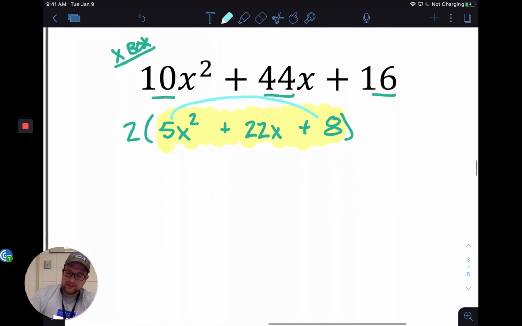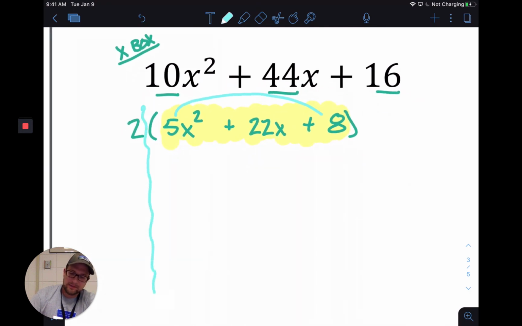What I always tell students to do is kind of just to forget about that 2 for a minute, right? Once you factored out that 2, this really is no longer our starting problem. This is where we're at. So I always tell them to scribble that out too, so when they're making their box, they're not pulling numbers from the wrong place. 5 times 8 gives us a 40 up top.